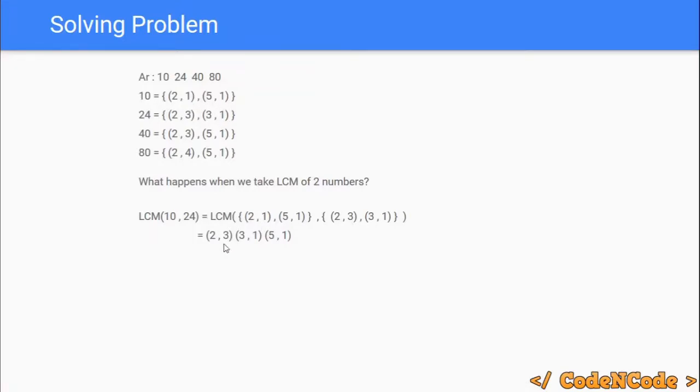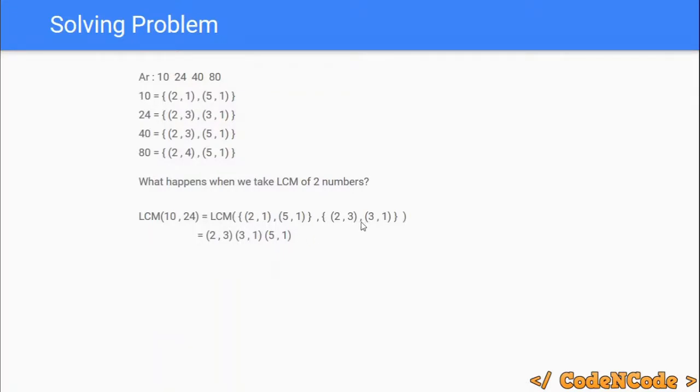The LCM would have the highest of both of these. So LCM would have 2 raised to the power 3, the prime with the highest power. So in the answer we would have power 3, which is the maximum of these two.